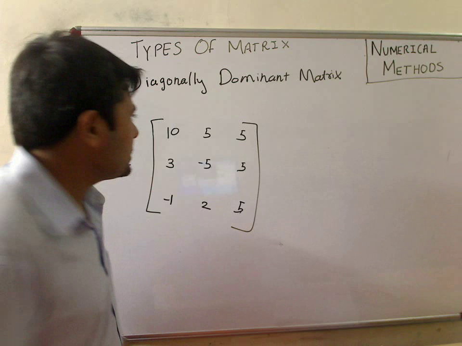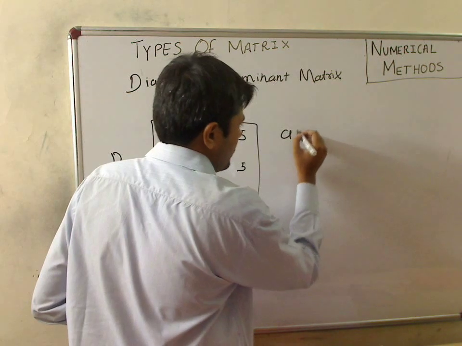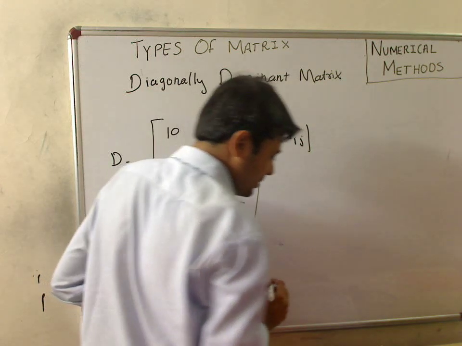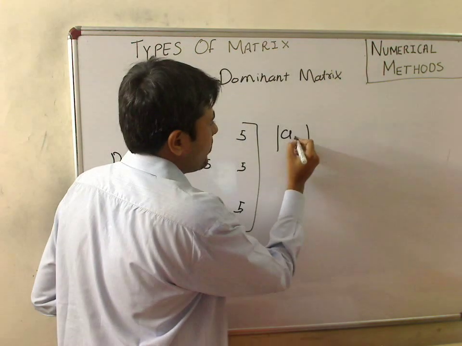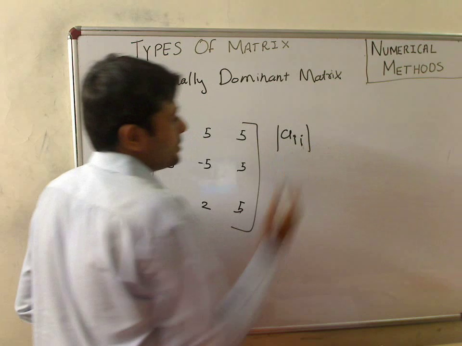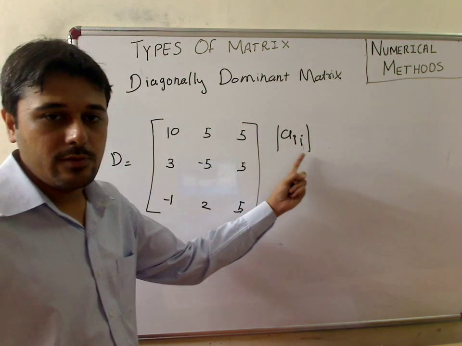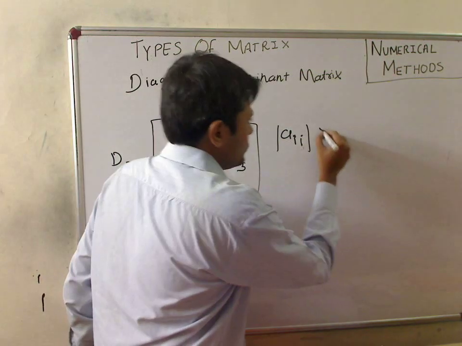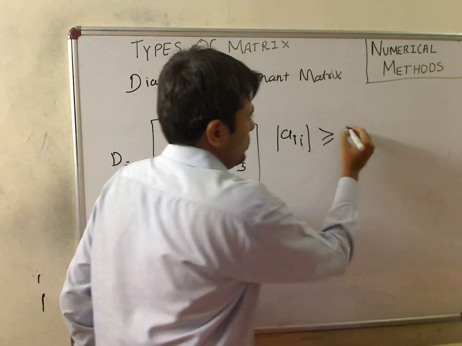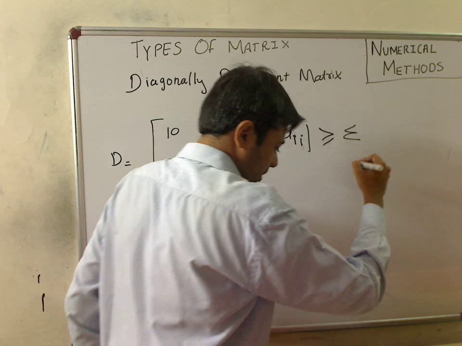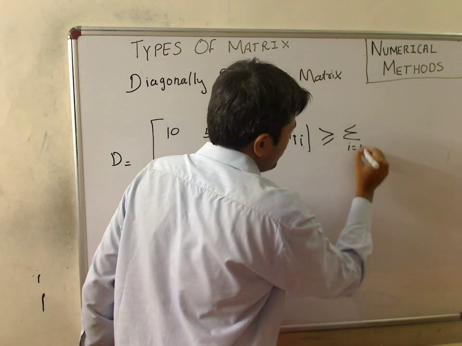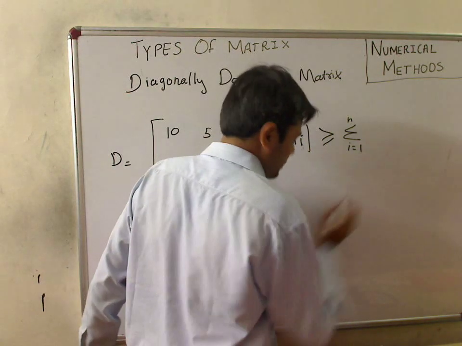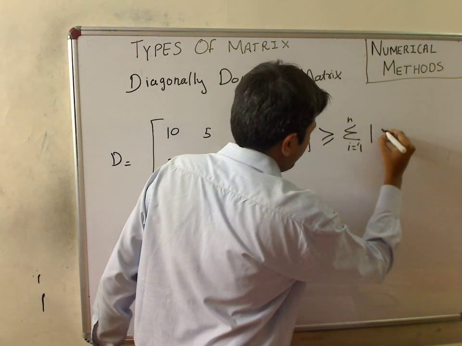Mathematically, it can be written as modulus of Aii, where both indices are equal, so it must be a diagonal element, right? Should be greater than or equal to the summation of modulus of Aij.